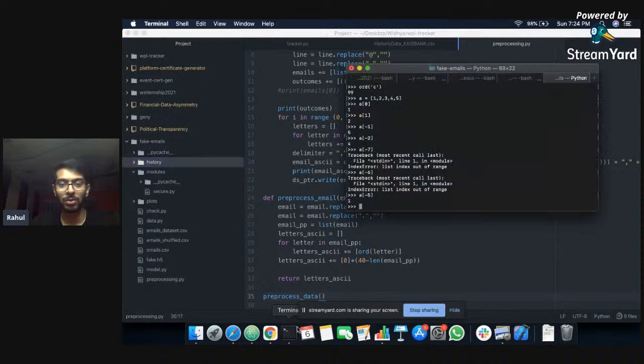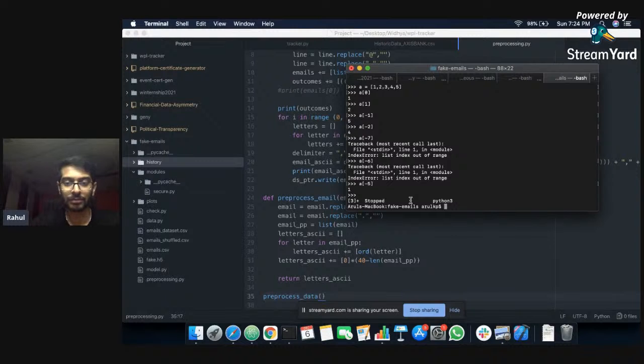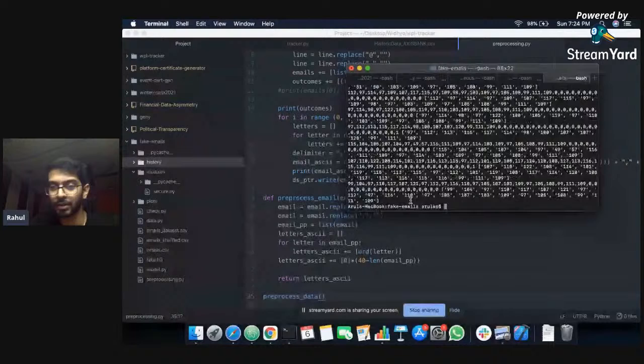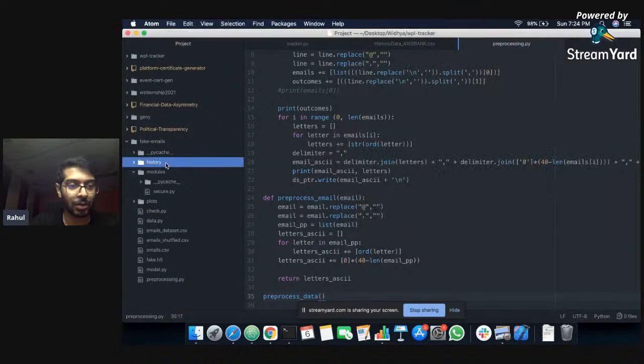So now let's run the preprocessing.py file. Okay. Now if you notice, there is this email underscore dataset.csv file over here.